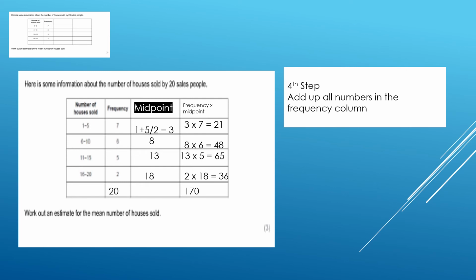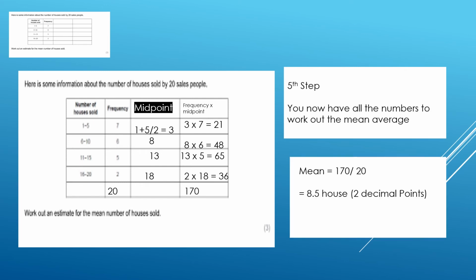They're the figures we need to be able to work out the mean. So the mean, 170 divided by 20. Mean is total number, so we total these numbers divided by how many there are. How many there are, another word for frequency, 20. 170 divided by 20 is 8.5.